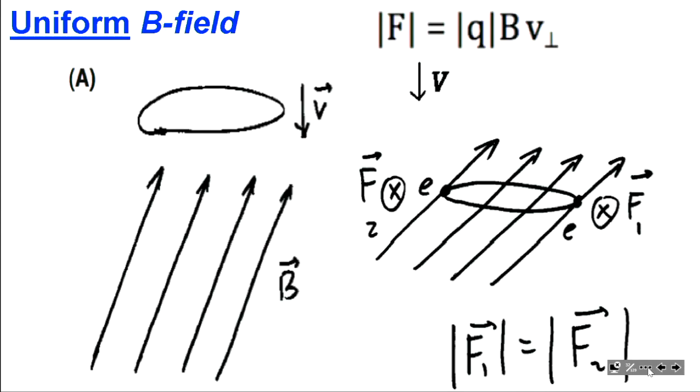So the difference is huge. And to figure out what's happening, we can look at two opposite electrons. So in the loop, for each electron on one side, there is an electron on the opposite side. If we know what's happening to one pair of electrons, we know what's happening to all of them.